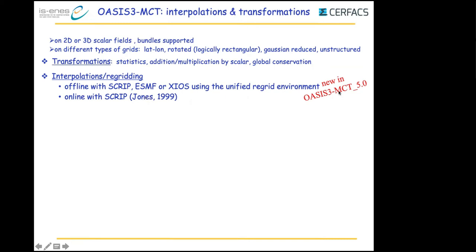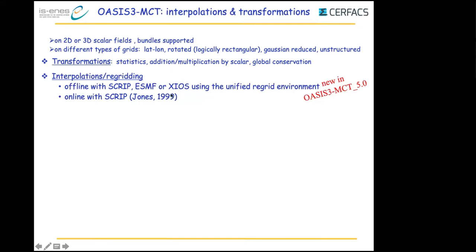But what is new in OASIS3-MCT 5.0 is that we offer a unified regrid environment, a setup so that you can easily calculate your regridding weights with either SCRIP, ESMF, or XIOS.